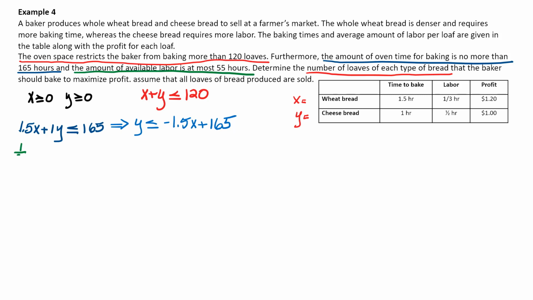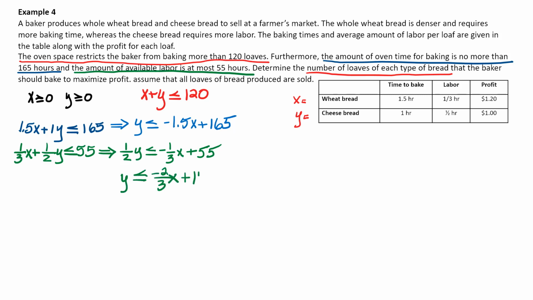So 1/3 times the number of wheat loaves, which is X, plus 1/2 times Y, the number of cheese loaves, has to be less than or equal to 55 hours. We can solve that for Y by moving the 1/3 X to the right side and then multiplying everything by 2. So Y is less than or equal to negative 2/3 X plus 110.